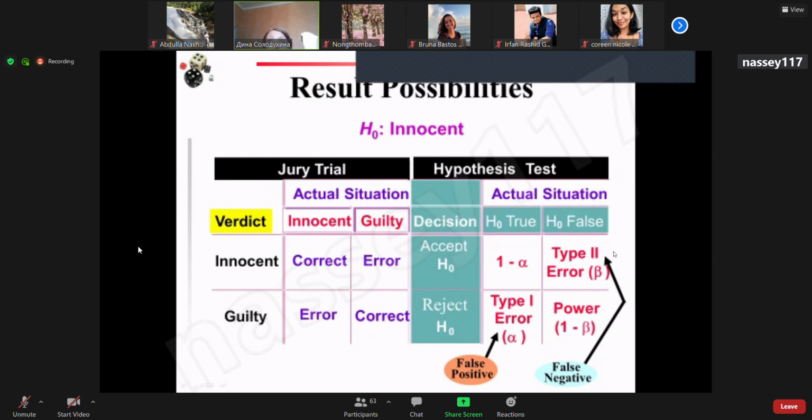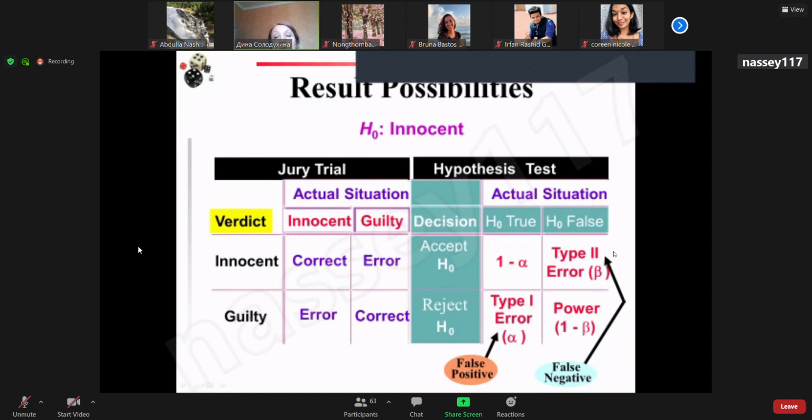If you have a false positive error or type 1 error, we actually prove a hypothesis which is wrong. In type 1 error, the situation is that we formulate a wrong hypothesis, but just by chance we reject the null hypothesis and we take the research hypothesis incorrectly as true.